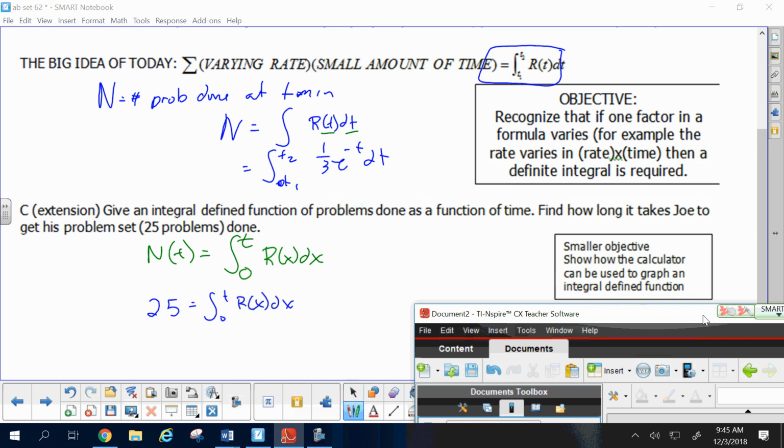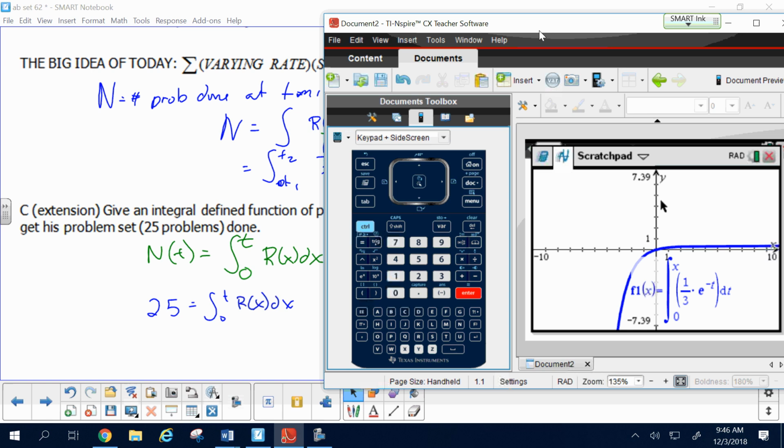Can we change our model to negative t over 100? Because exponential growth and decay is super duper powerful. We need to tweak it a little bit because otherwise you're going to be working on your problem set till you're 85. All right, so would you go to your function and change it to negative t over 100?